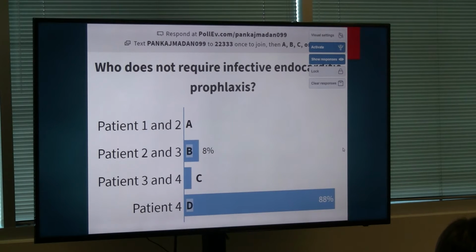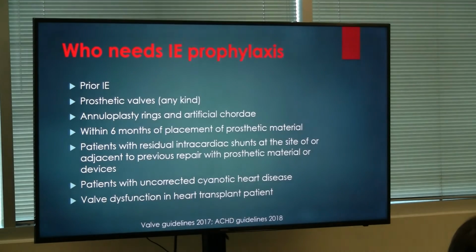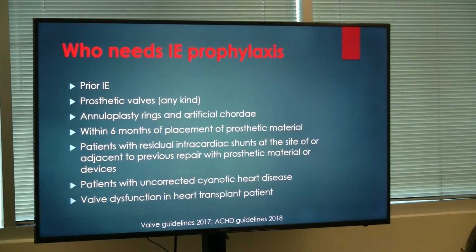So moving on, the majority of people got it right. It's important to review the indications for infective endocarditis prophylaxis in adult congenital heart disease patients, or in general cardiology patients. If you have a prior history of infective endocarditis, no matter whether you repair the lesion, you're still going to get IE prophylaxis all the time.